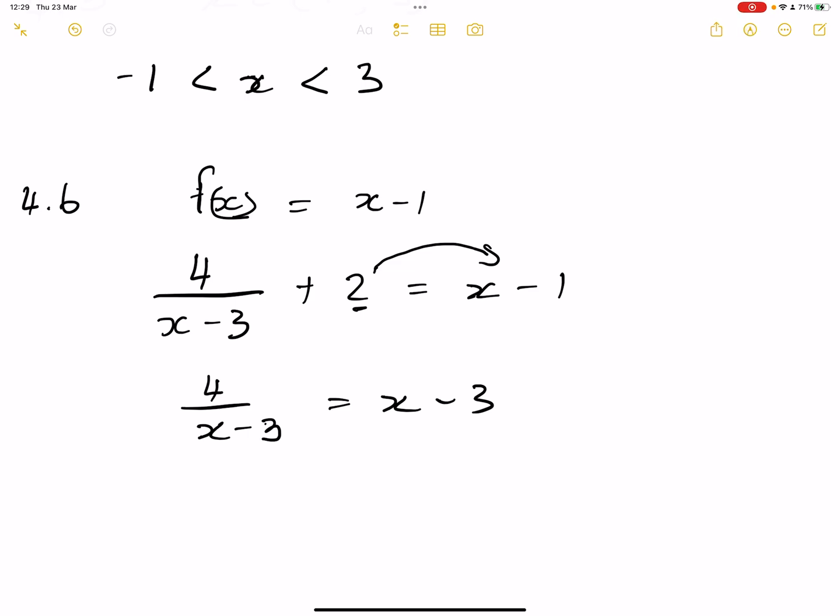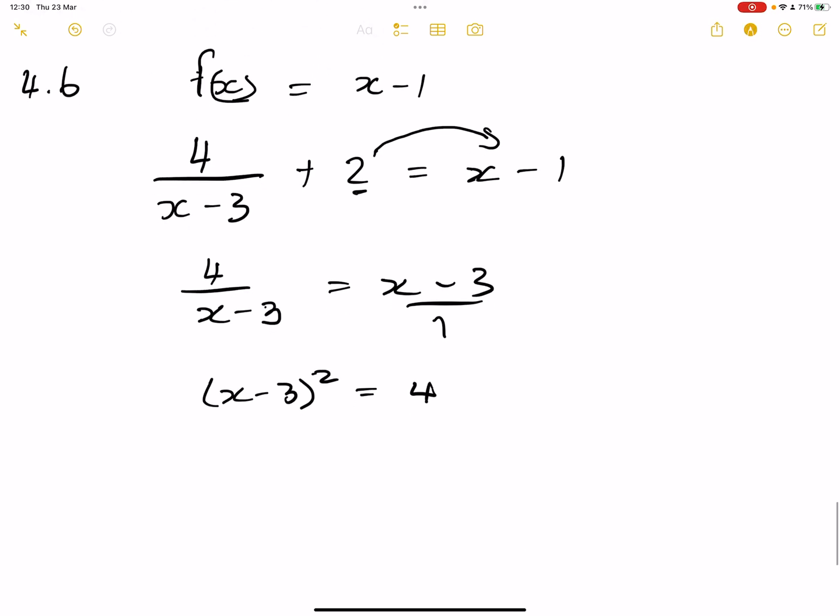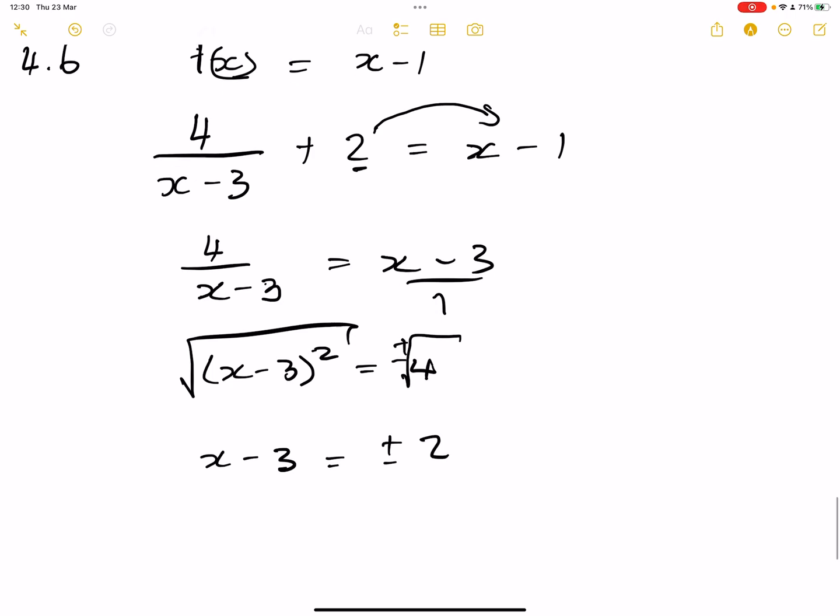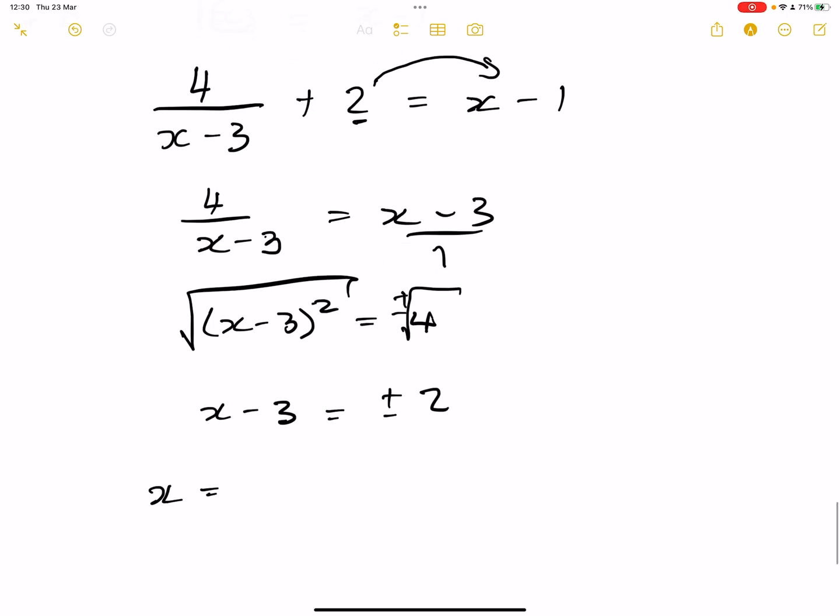So if we cross multiply, we're going to have x minus 3 squared, so x minus 3 times x minus 3, which is equal to 4. I'm going to just take the square root on both sides, so remember that's plus minus, so this is going to be x minus 3 is equal to plus minus the square root of 4, which is 2, okay?